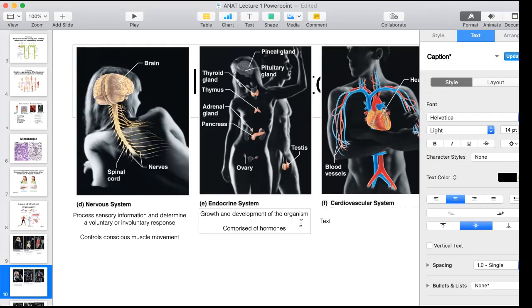That's a common misconception, that men secrete testosterone only, women secrete estrogen only. No, that is not the case. We secrete both, just in different quantities.